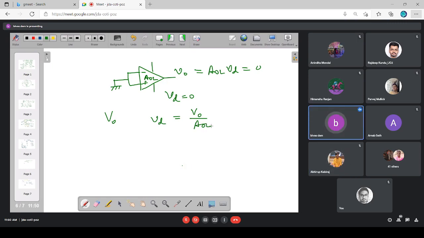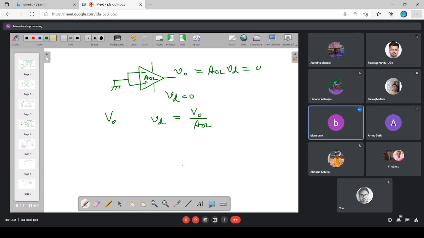So that means from some source, as if I am getting this input difference voltage, though I have not connected that physically. Physically, the two input terminals are at the same level.